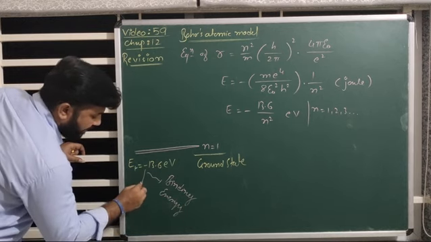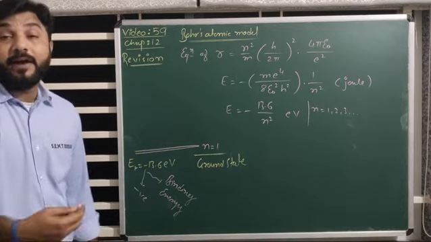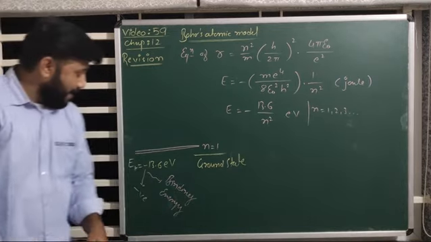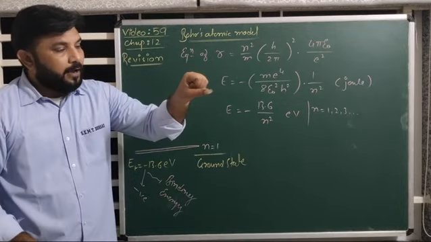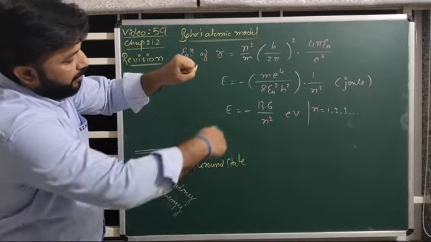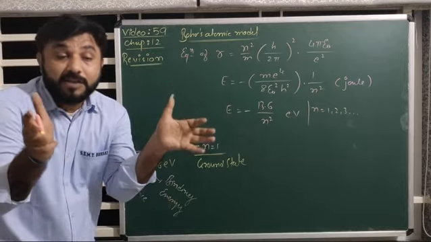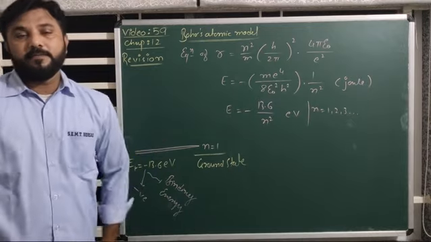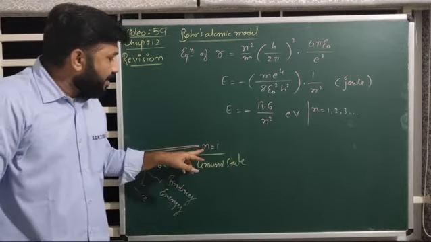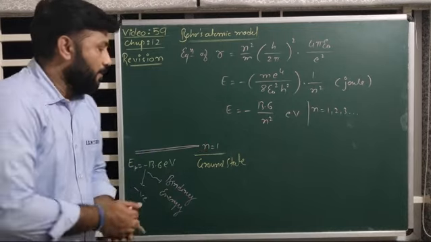And what about this negative sign? That also we have seen. The negative sign in this equation indicates that around the nucleus, electrons are revolving, and those electrons are bound to the nucleus. And if we take n is equal to 1, it means it is the innermost orbit.